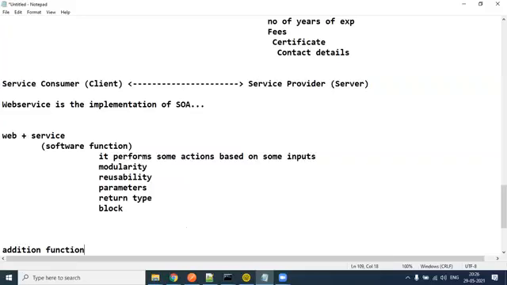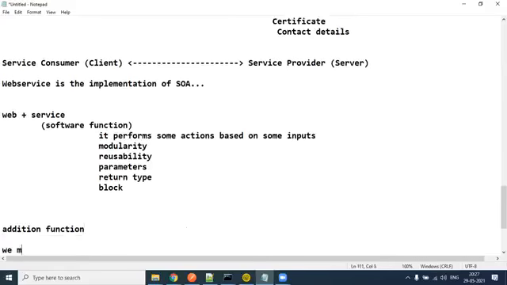Now, as a team member, if you want to reuse the function which was developed by a team lead, how will you make use of the function developed by your team lead? By calling it. Very nice. We make use of a function by calling the function.